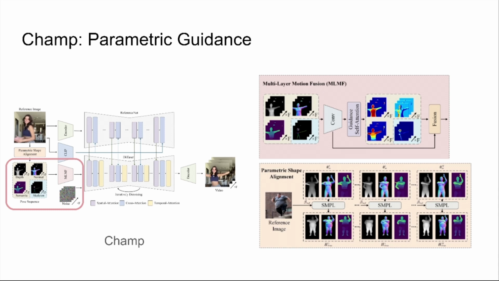So they first do what they call guidance self attention. Essentially, they just calculate the self attention of each channel along the temporal domain, and then finally what you see is something showing here.